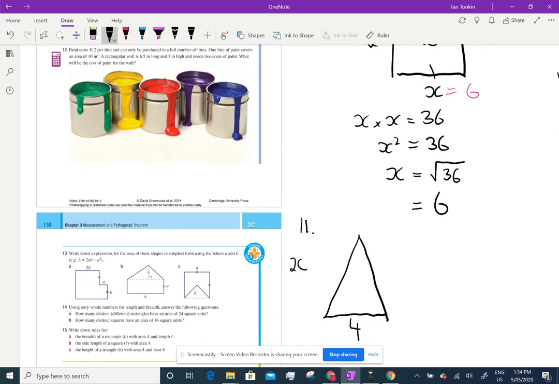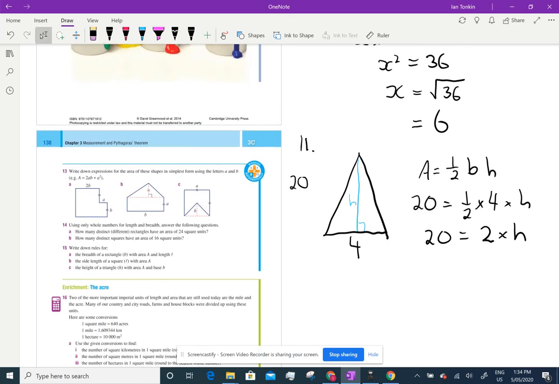Now I know you can do guess and check, but what we need to find is this height. And I don't know if that's an accurate drawing of this particular triangle, but I know that the area equals half the base times the height. So I've got 20 equals half times, well, the base is 4, and the height, I don't know. Well, a half of 4 is 2.